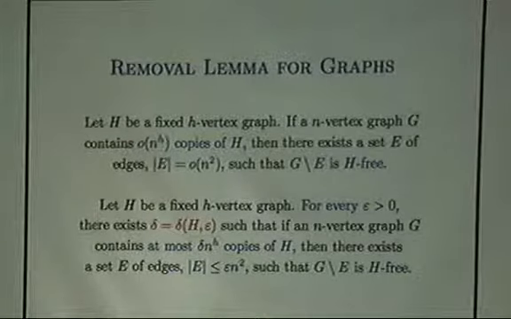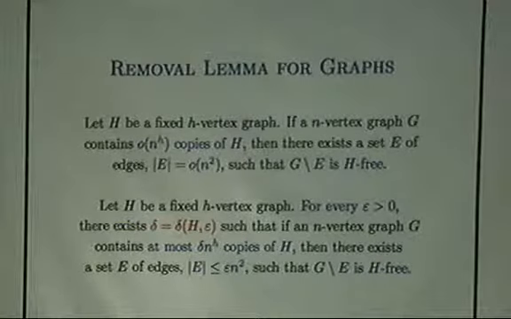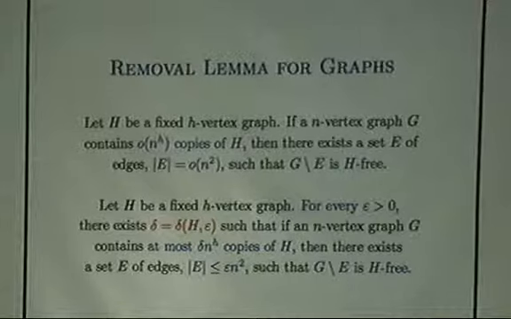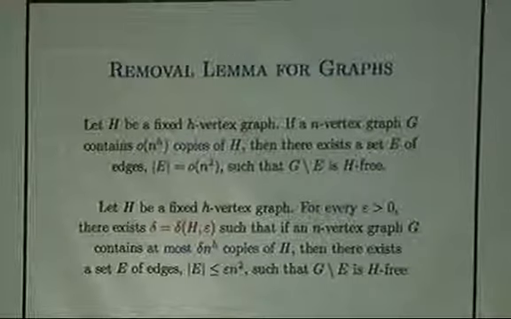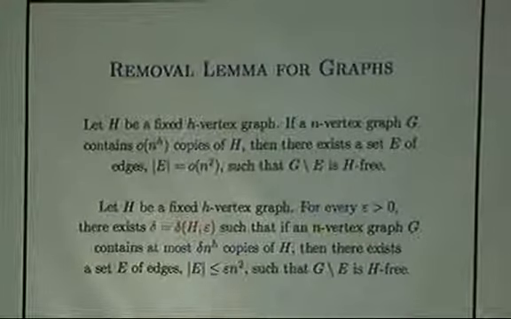I mean that if you fix H, then for every epsilon there will exist some delta, which depends on H and on epsilon, such that if the number of copies is less than delta times n to the h, then you can remove few edges, and few means at most epsilon times n squared, in such a way that your graph becomes H-free. So the smaller epsilon, of course the smaller delta, but the important thing is that for every positive epsilon there exists a positive delta with this property.